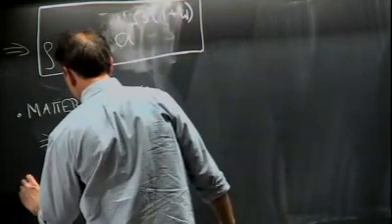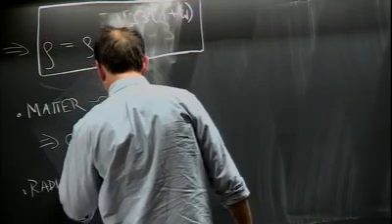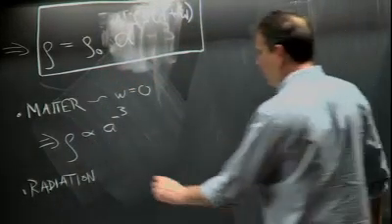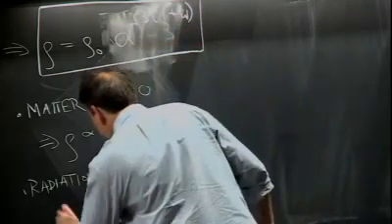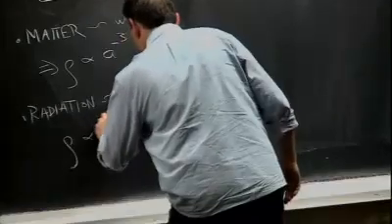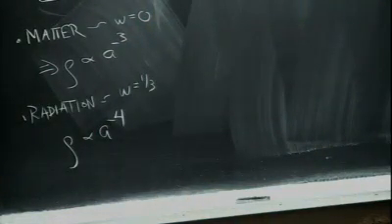For radiation, for relativistic particles, the pressure is equal to 1/3 of the energy density, and therefore w is equal to 1/3. That means the energy density scales as a to the minus 4. And that has two important ramifications.